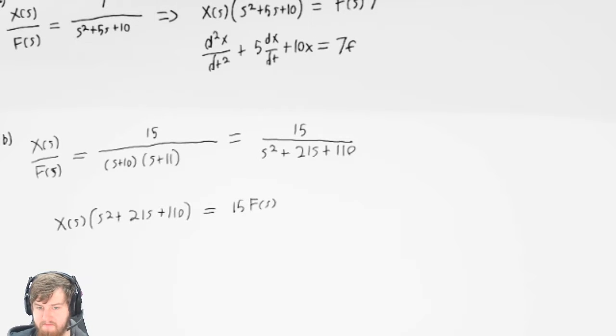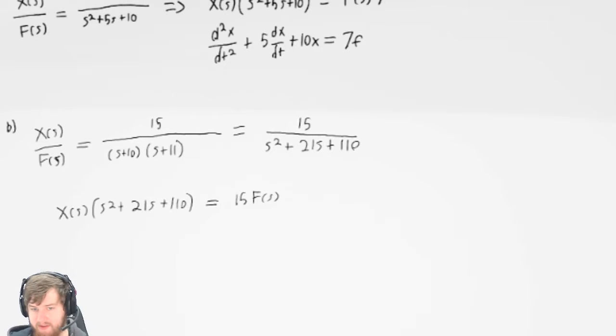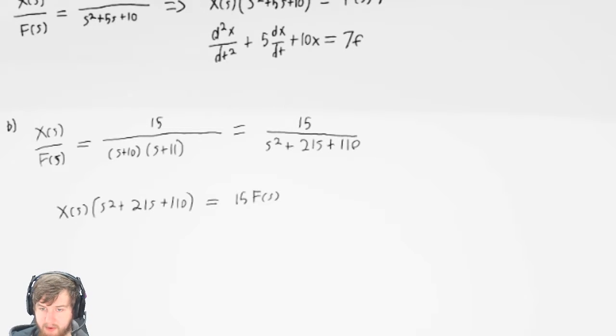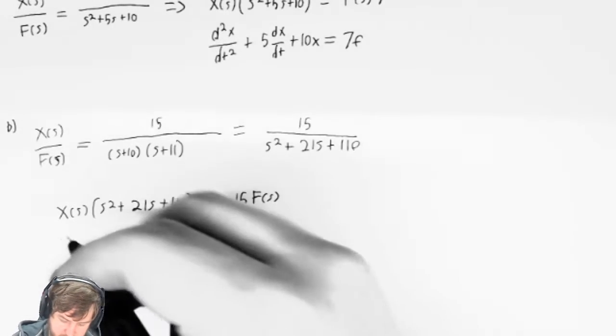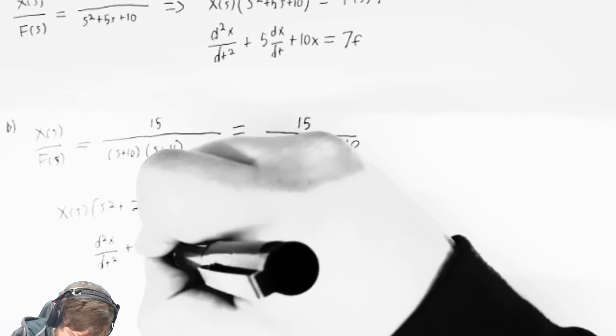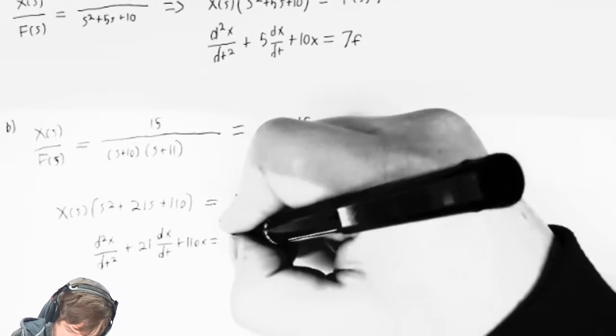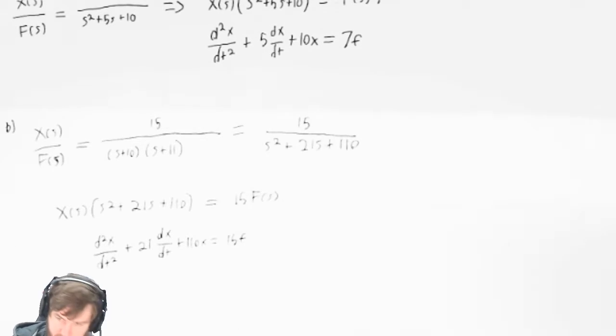Then we just take the inverse Laplace transform. So, s squared, that's the double derivative. 21s is 21 times the derivative. So we'll just write that out as d squared x over dt squared plus 21 dx dt plus 110x, and then that's equal to 15f.